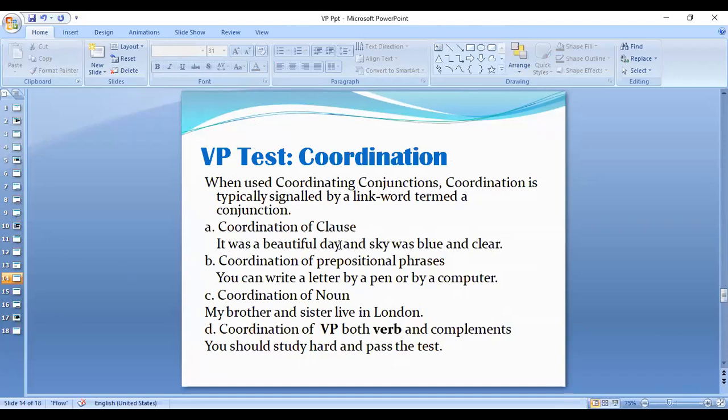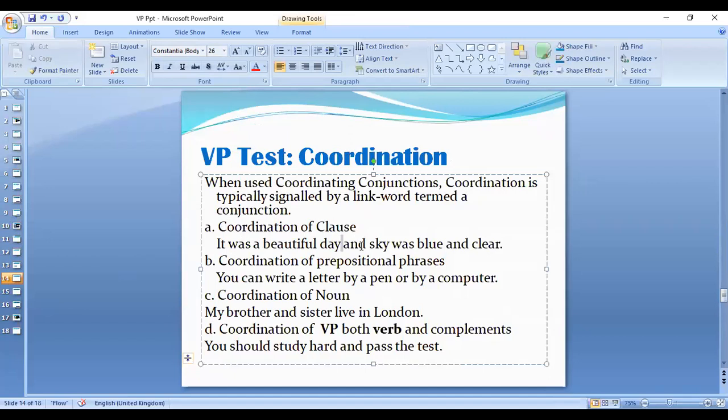It was a beautiful day and the sky was blue. Here "and" is a conjunction, relating or coordinating the two clauses. "Was beautiful" and "was blue" are the verb phrases, and the "and" is coordinating between these two elements.